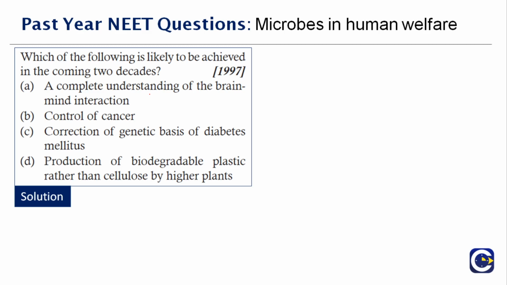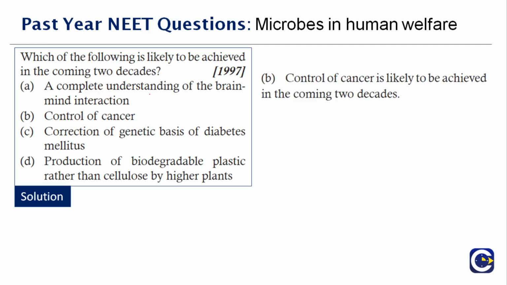Sometimes the symptoms are found even in a healthy person who maintains a healthy lifestyle. They complain saying, I haven't drunk, I haven't smoked, and so on, but still I've got cancer. So this disease is quite confusing, and people are doing a lot of research to identify and find the exact medicine so that we can target and kill it. So the one likely to be achieved in the coming 2 decades is option B, control of cancer.